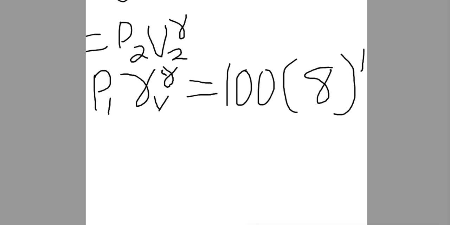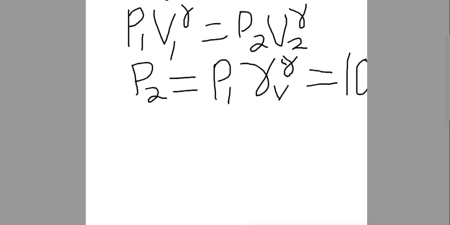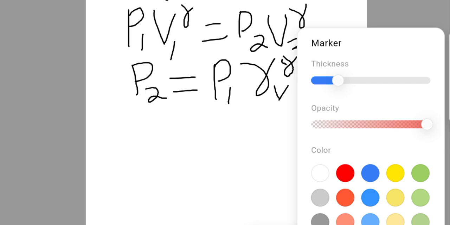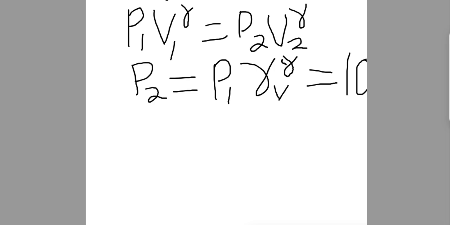V1 over T1 is equal to a constant. So we are using the second formula here, which is T1 V1 raised to power gamma minus 1.